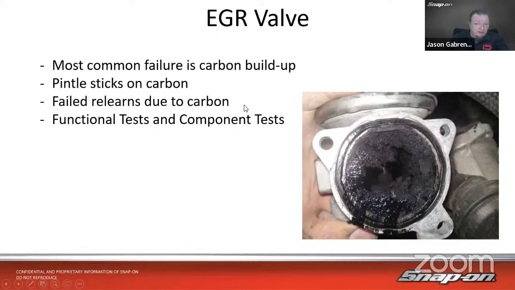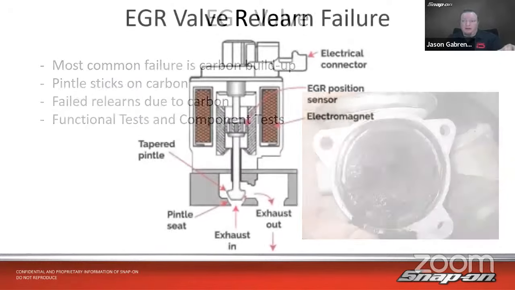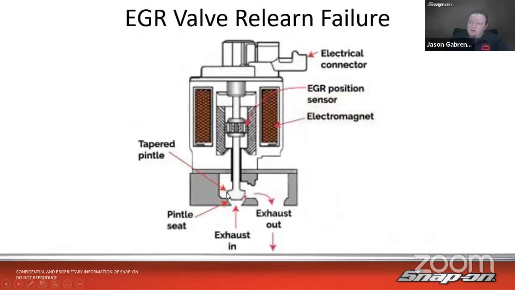So if you have an electronically operated EGR valve and you need to do a relearn, let's look closer at this. When it does a relearn, it'll pull that pintle open and close, so it brings it to max travel on either end. And whatever the bottom of that is, it's closed according to the computer.